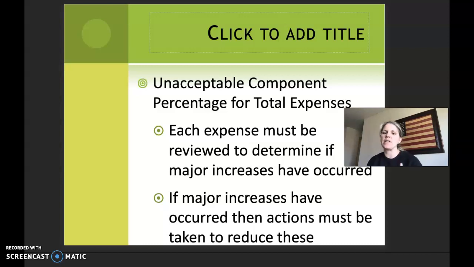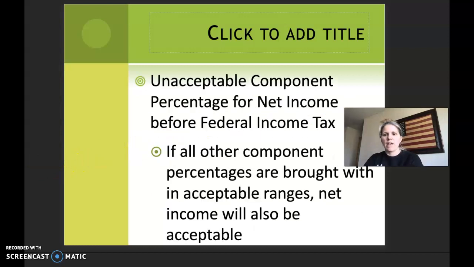So really analyzing each expense to see where changes can be made, where can I make cuts. And so that's what you would want to look at to see how I can reduce these expenses. Then if we have an unacceptable percentage for net income before tax, typically if we bring everything else into check, because probably something else is off balance as well, this will then help us get into the acceptable range for our net income.